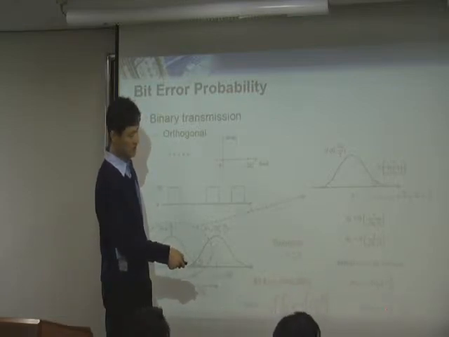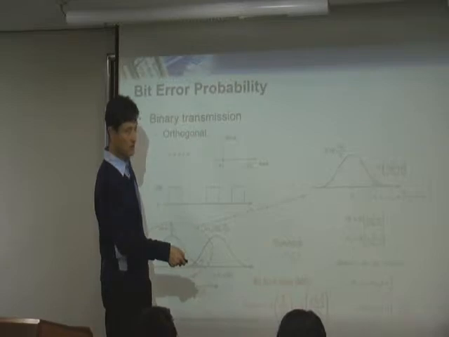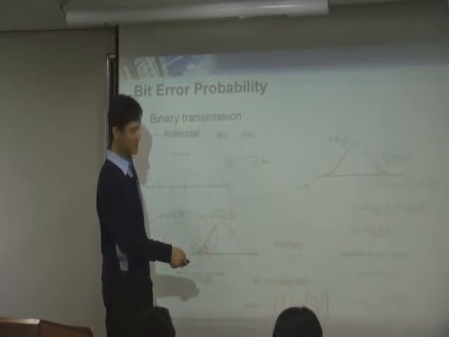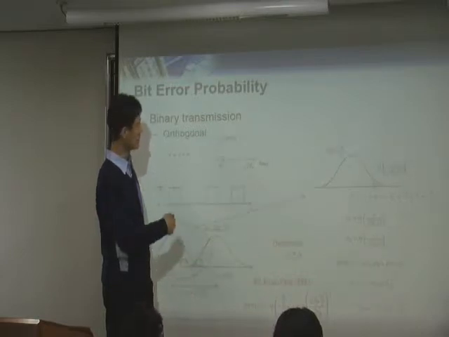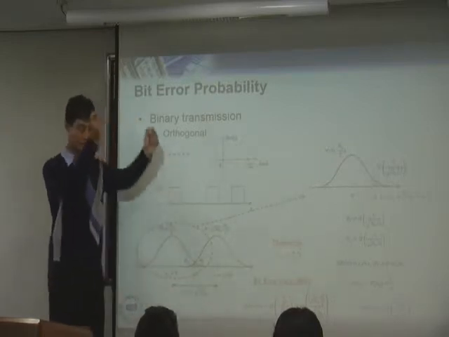The bit error rate in the orthogonal case is going to be the Q function of root square SNR. Compared to the antipodal case, where it was root square of 2 times SNR, now in the orthogonal case, it's just the root square of SNR.